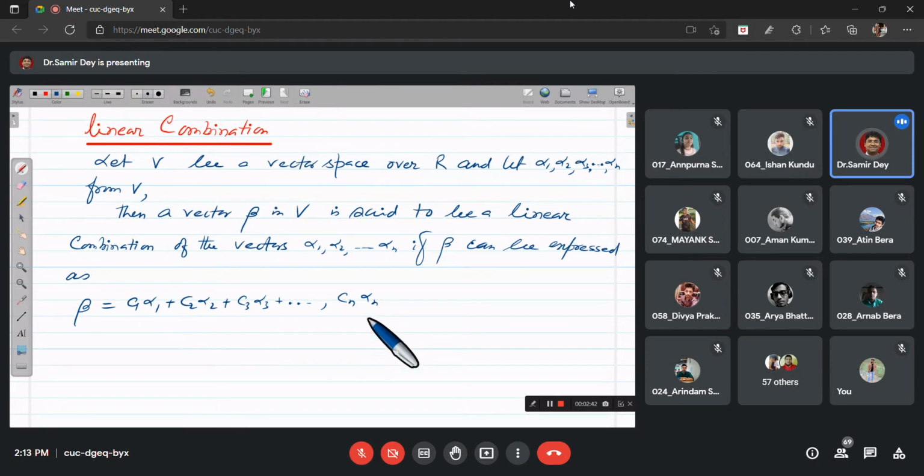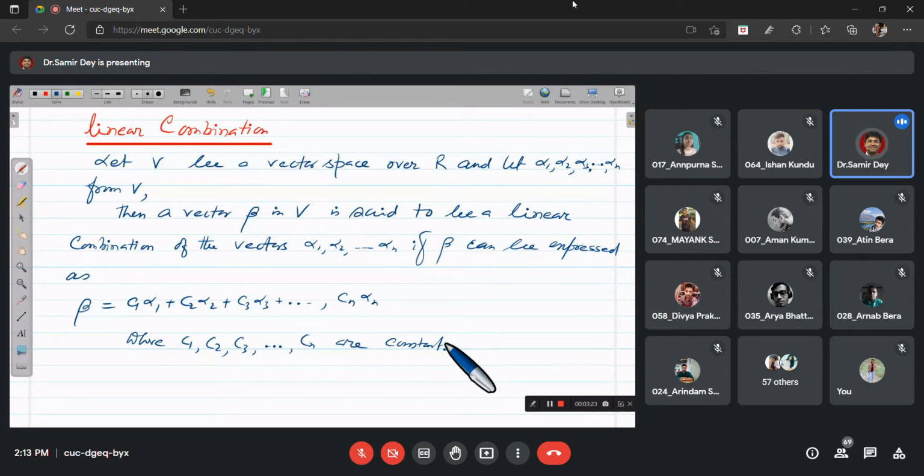Then this expression is called a linear combination of alpha 1, alpha 2, alpha 3, alpha n, where C1, C2, C3 dot dot Cn are scalars, are constants. Okay, clear? Please write down the definition.